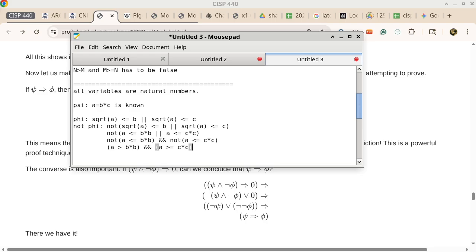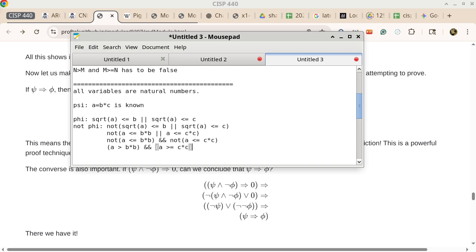Are we doing okay so far in terms of the derivation of the negation of phi? We start with the negation of phi itself, but then we use algebra to derive the whole thing into a is greater than b squared and a is greater than c squared. Are we good? All right.